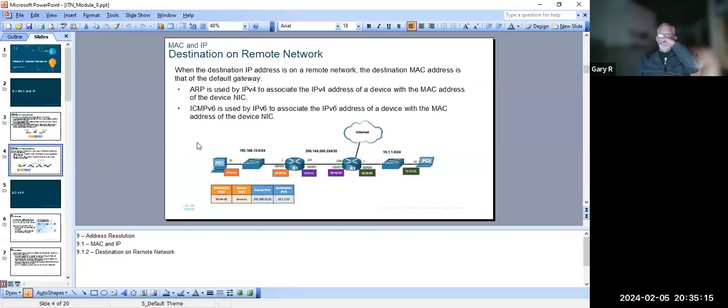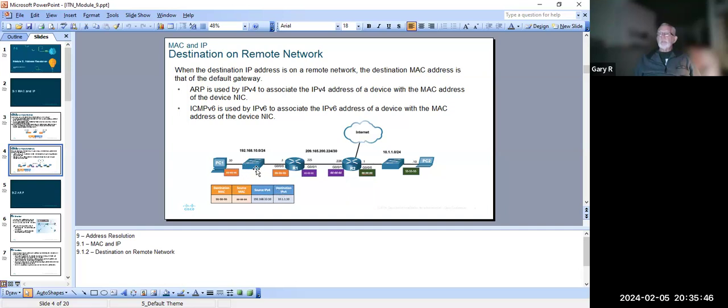Now, when we're going to send to a remote network, this is where the routing comes in. Now we're here, we want to send to, let's say, something out here. We know that it's remote because when we put our IP address and its mask against that IP address and our mask, we know that they don't match, and therefore these are on two different networks.